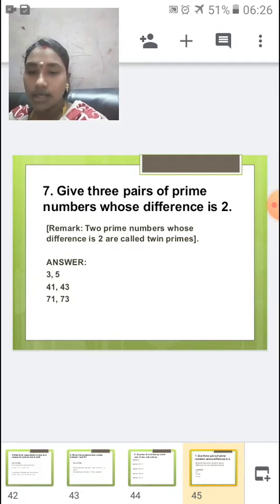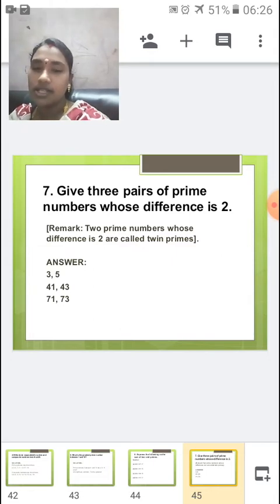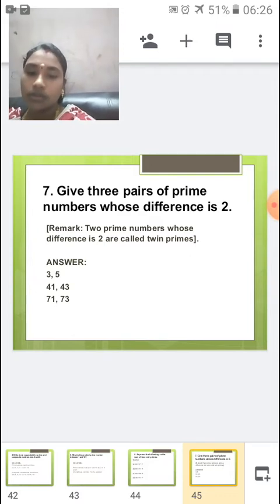Now 71, 73. 73 minus 71 gives you 2, and these numbers are also called twin primes. Okay. So let us take the eighth sum.